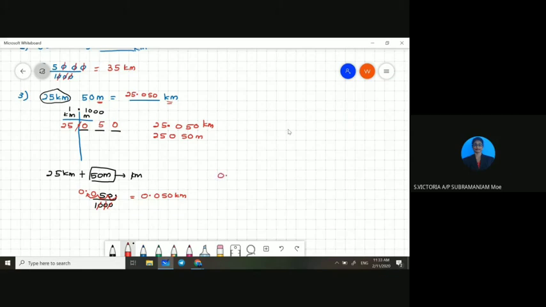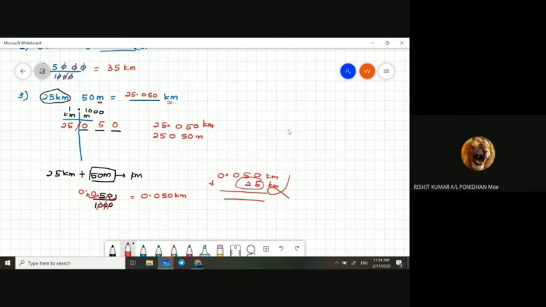Is it the correct method to add like this? Can we do it like this? Cannot. Because there is a decimal point in this number, and this one has no decimal point. This 25, does it have a decimal point or not?